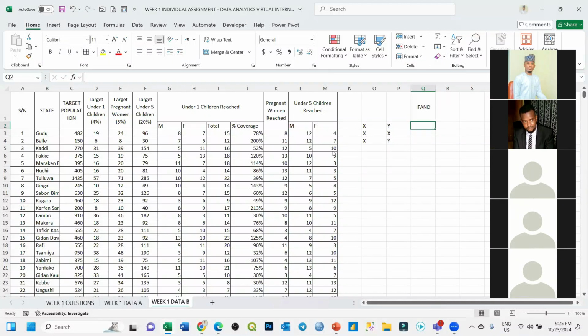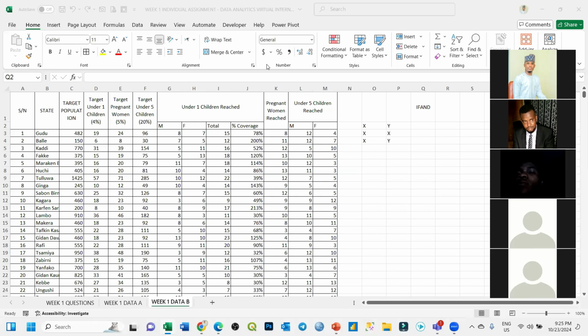Okay, so let's continue. I'm going to create this. So here it is, we have X, we have Y. I'm going to create something, like I told you, that has to do with the chromosomes of, let's say, males and females. So we have X, Y, and we also have a column that carries X, X, and a column with XY.